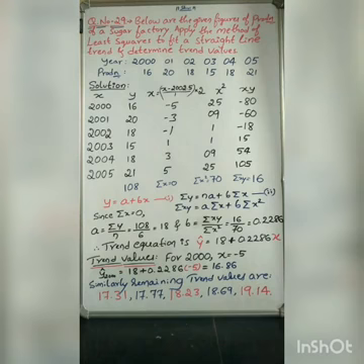What is asked is to fit the straight line equation using the least squares method and calculate the trend values. The year and production of sugar are given. Years 2000, 2001, 2002, 2003, 2004 and 2005.